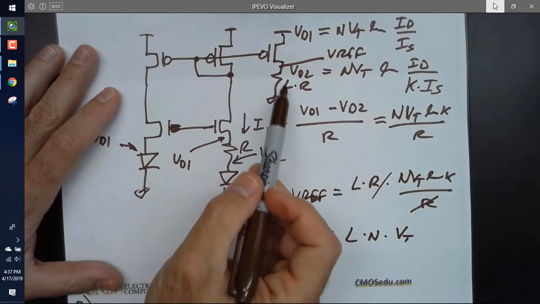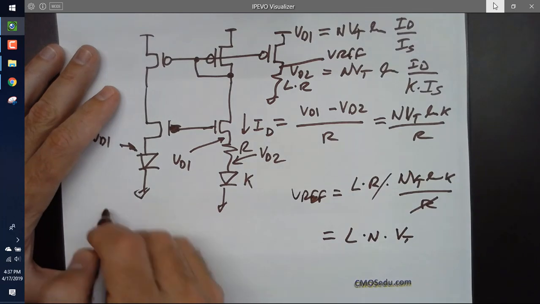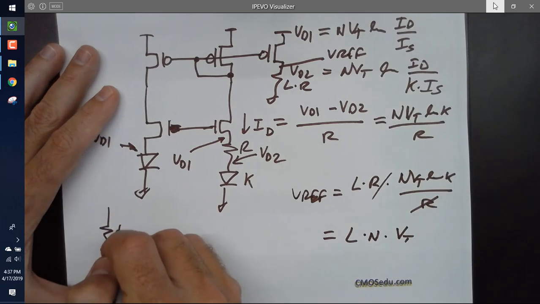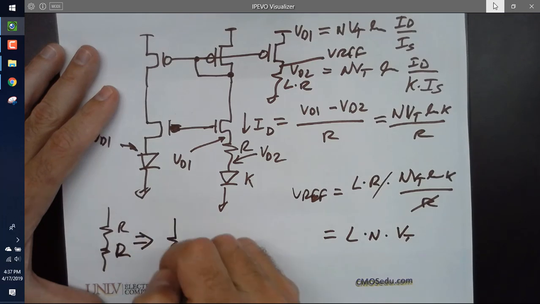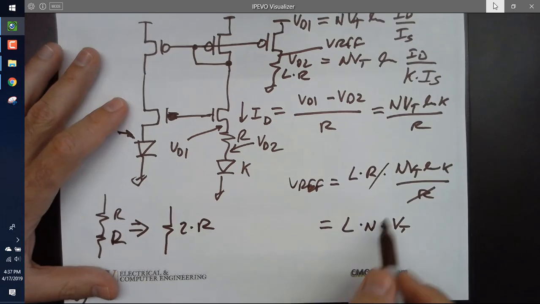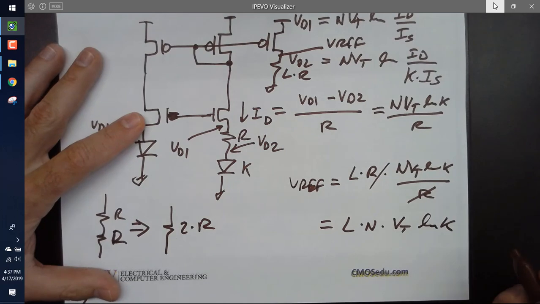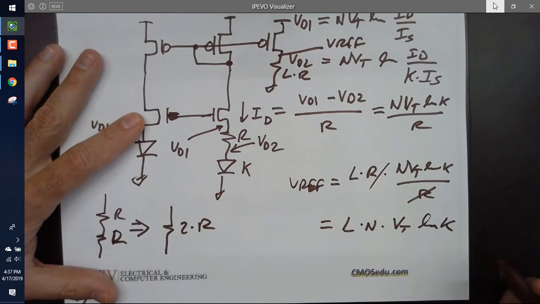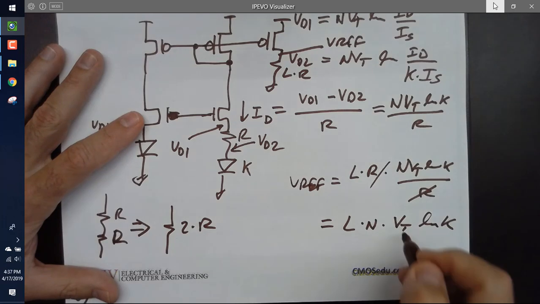And L would mean that I've got L of these resistors in series. So here would be R. This would be a resistor of 2 times R, right? And I have L and VT natural log of K. And then what's the only thing that's going to change with temperature here? VT.